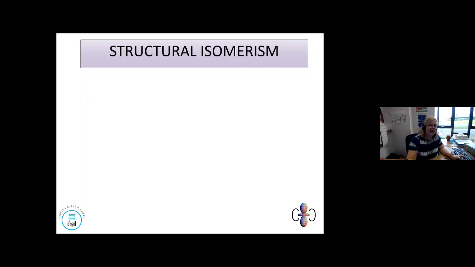Right, now this again is something, isomerism, which I need to be clear on. You did come across it in year 11, but if I was honest, I often think my year 11s wing it a bit when it comes to isomerism. They tend to learn it parrot fashion without really thinking through what we're dealing with, okay? So isomerism, let's first recap what isomer means.